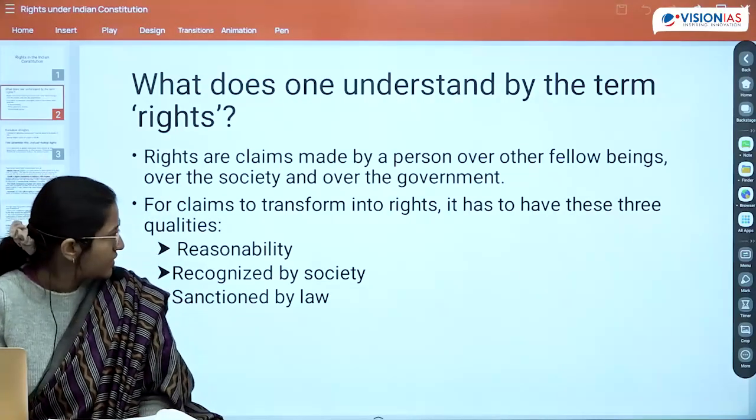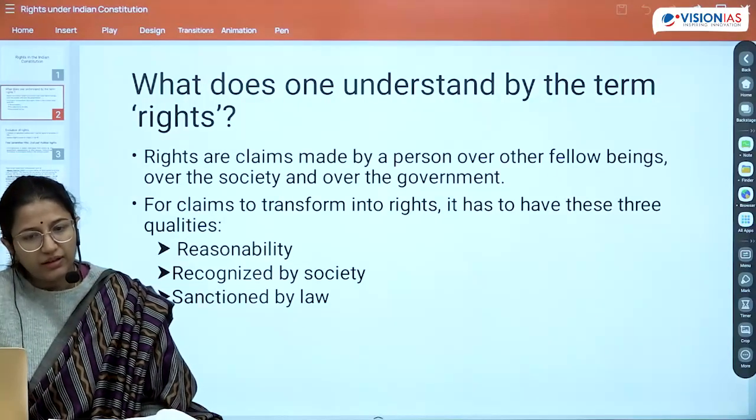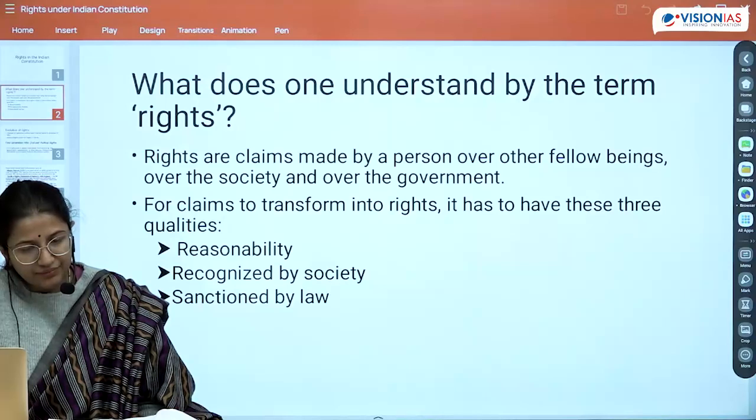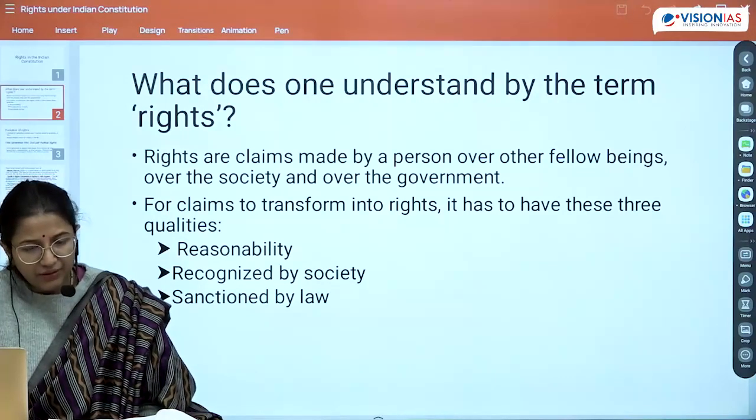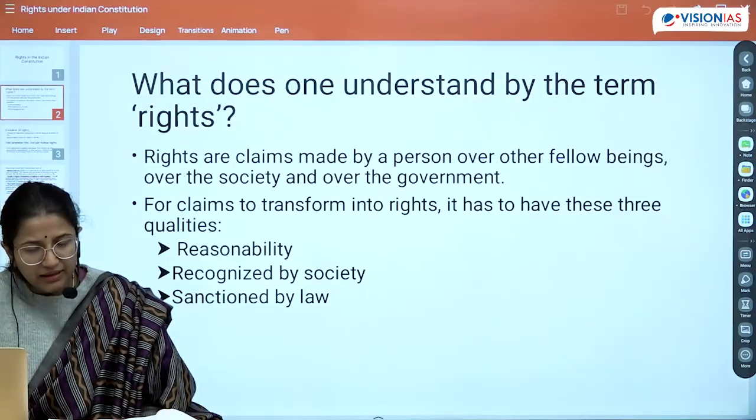First condition is reasonability. Put a hyphen. Yes.